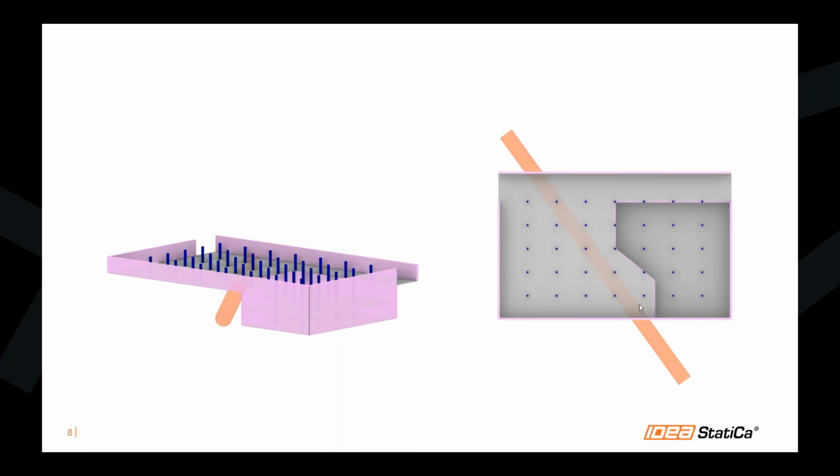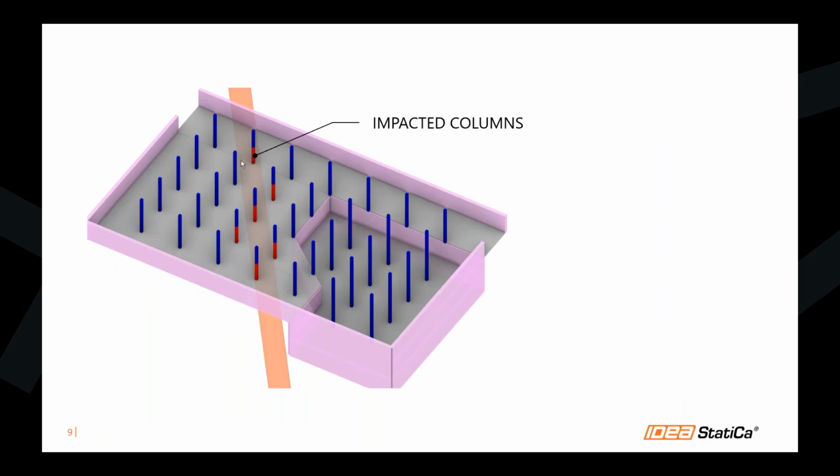And then of course there are some impacted columns which cannot be piled, because underneath the column there is this obstruction. This is the more isometric view. These red columns are the ones sitting on top of this obstruction, so the engineers cannot do piling underneath these columns.